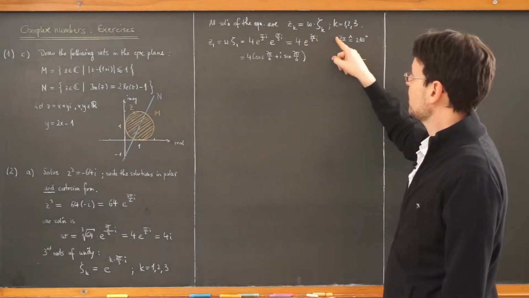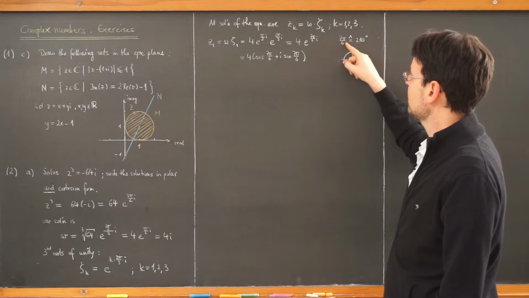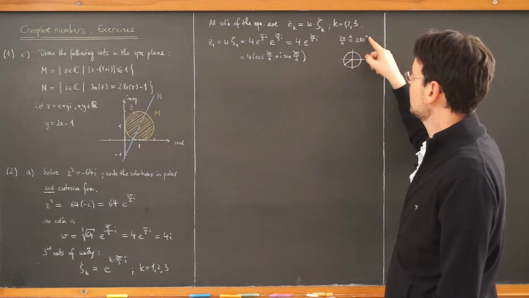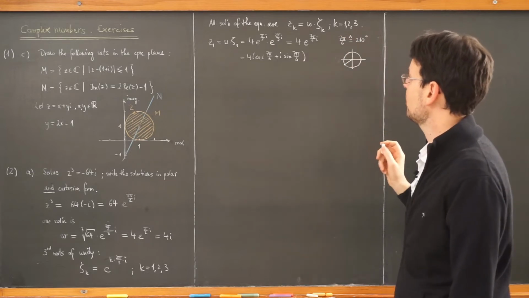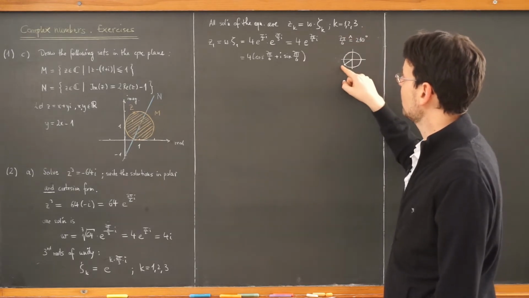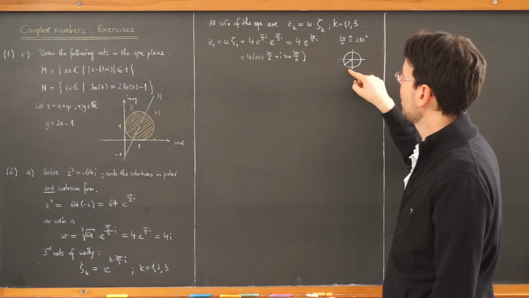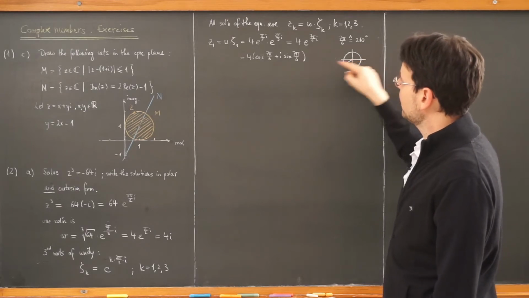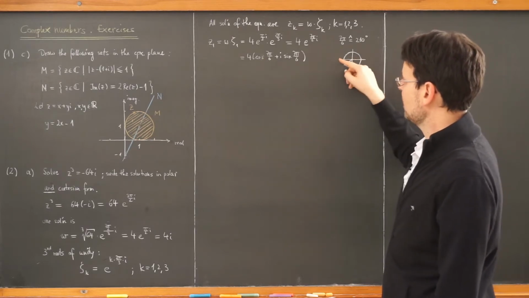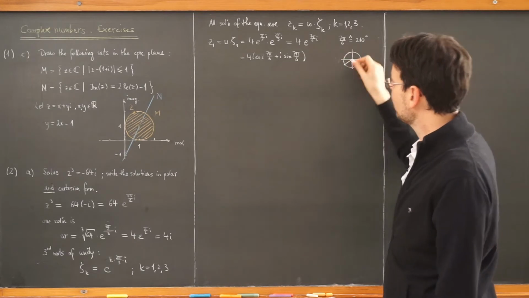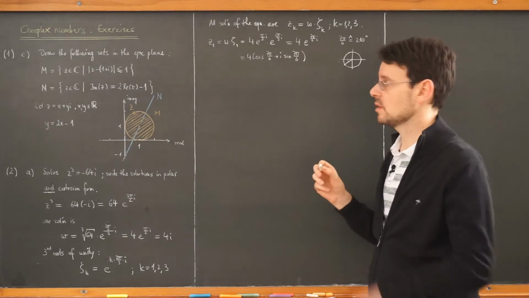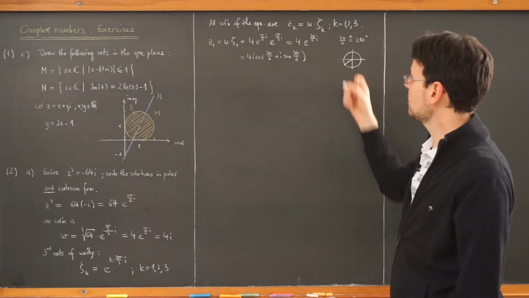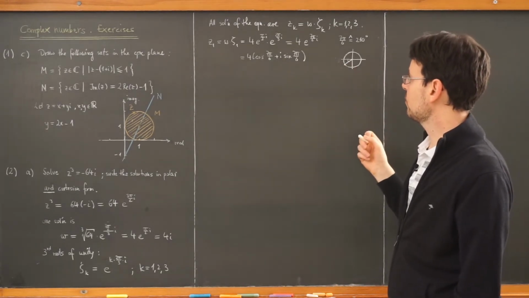Okay, now 7 pi over 6 radians corresponds to 210 degrees. Pi is 180 and pi over 6 is 30 degrees. So we are here on the unit circle, and we see that the cosine is negative. The cosine of 30 degrees, that you should know by heart or use this table, is square root of 3 over 2.